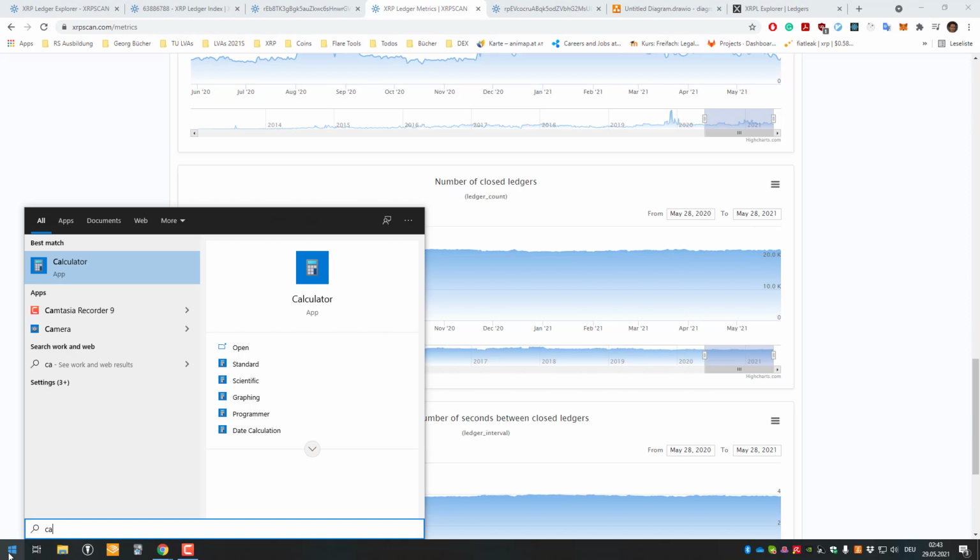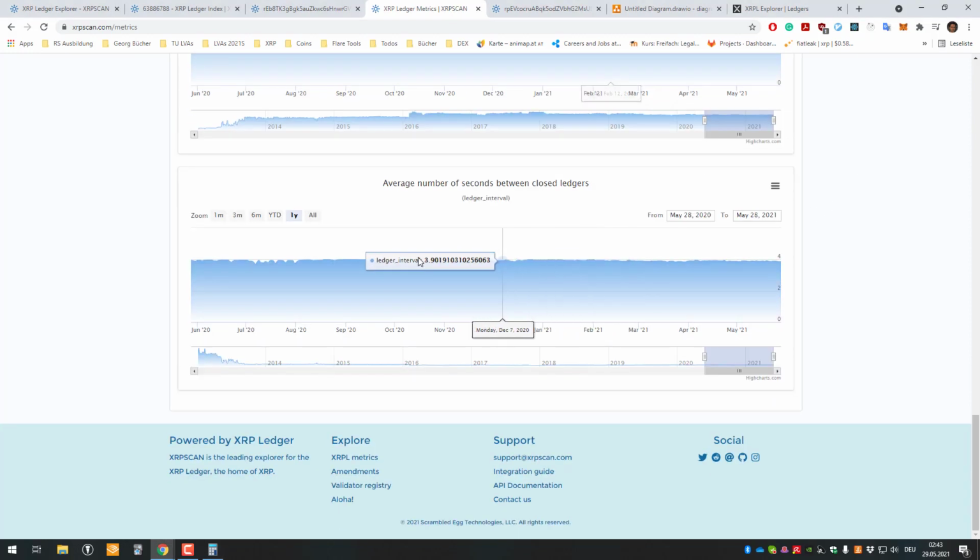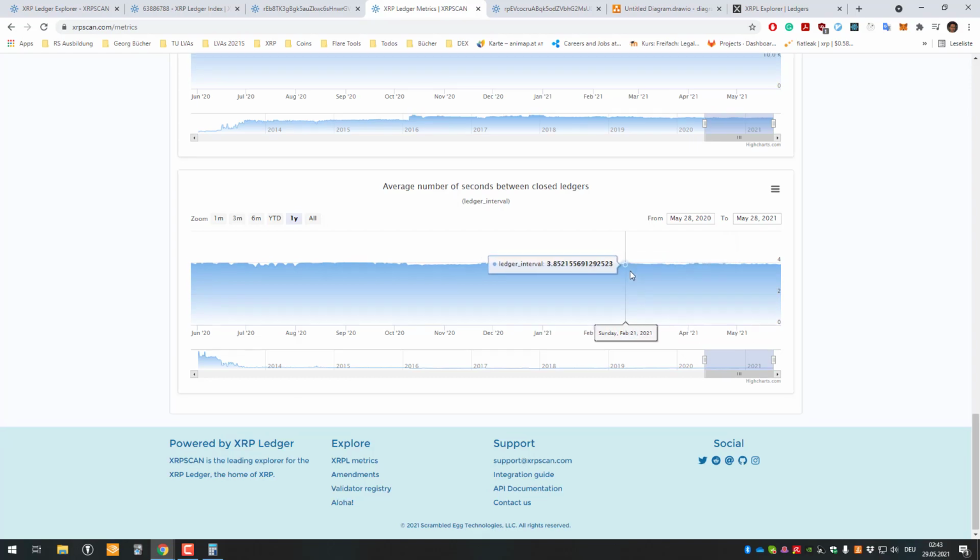We just take all the seconds of a day, so a day has 86,400 seconds, and divide it by the number of closed ledgers, so 21,999, and we can see the average closing time for a ledger was, for example, 3.92 seconds. So one ledger closed in 3.92 seconds on average. And we can also see the average number of seconds. This is exactly what's being done here. Basically, they're dividing it by it.